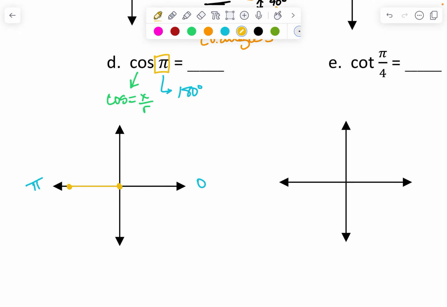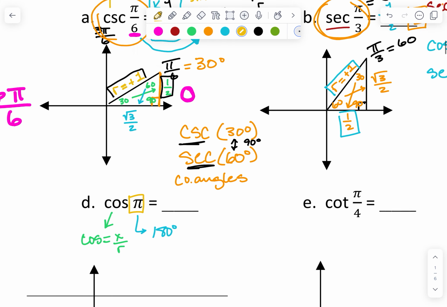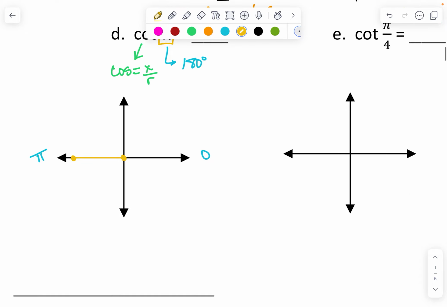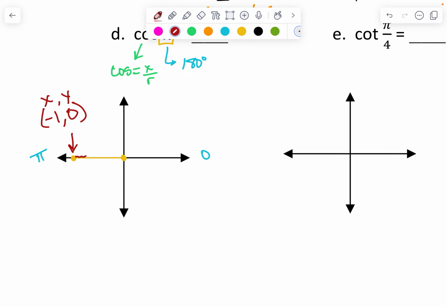Here we are not able to make a triangle like we were on the earlier problems because it's just a flat line. So what we would do is get the coordinates of this point. It is at -1, 0. That's my x, that's my y. And then the length of this line, r, is still positive 1.